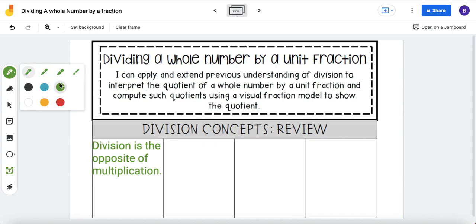And we looked a little bit at this last unit with fractions, but an example would be 3 times 2, which is equal to 6. Well, using the same fact family, we're just going to do the opposite. So we're going to start with our product 6, and you're going to divide it by either of your factors, with your answer being the other factor.